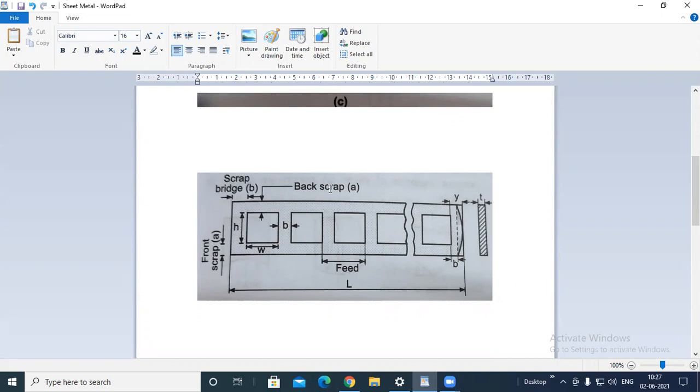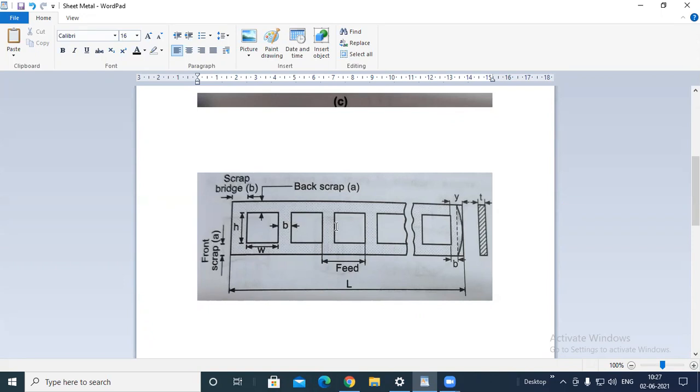Now here you can see the different annotations. Here A is nothing but the front scrap, which we will see. Here the scrap bridge is there, which is denoted by B. The back scrap is there, and here the feed is there. So first of all, let us see the distance between the blanks.